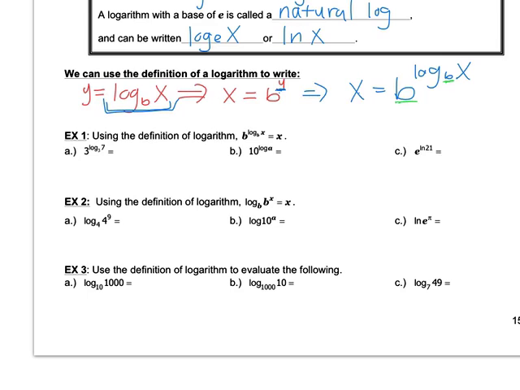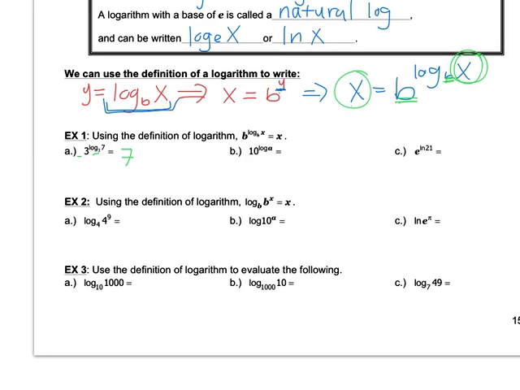If those two things are the same, then it simplifies to that, which is right here. So if you have a base raised to a log with the same base, then it simplifies to simply whatever you're taking the log of, which is x. So we can see in example 1, 3 raised to log base 3 of 7. Those are inverses of each other. They're going to cancel each other out, so that just equals 7.